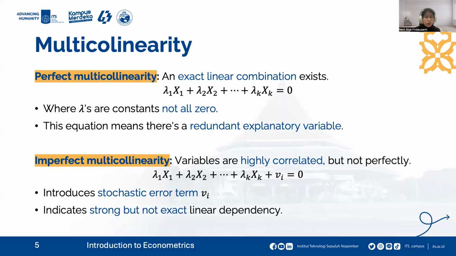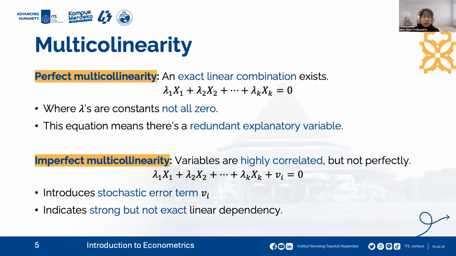If we have this function here, there is vi, which is the stochastic error term. So they have a correlation which is high but not perfect. The correlation coefficient is not 1, it's maybe around 0.8 to 0.9, but it is strong. The correlation between them is strong. So this is what we call imperfect multicollinearity.